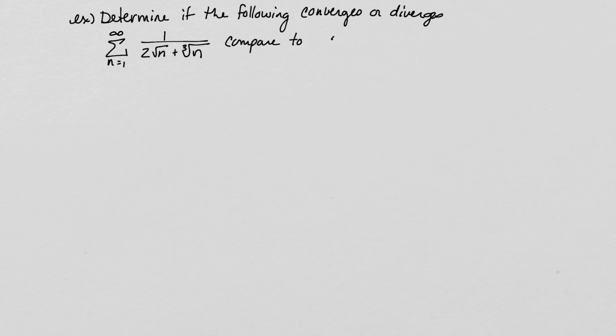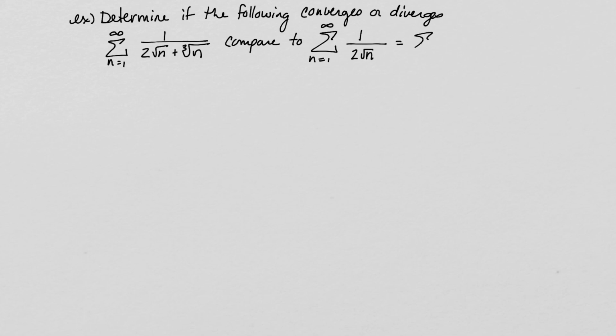So we're going to try to compare to the summation n equals 1 to infinity of 1 over... 1 is the biggest thing I had on the top. And the biggest piece on the bottom: if I compare the square root of n with the cube root of n, the square root of n is bigger. So the 2 square root of n part is the biggest part.